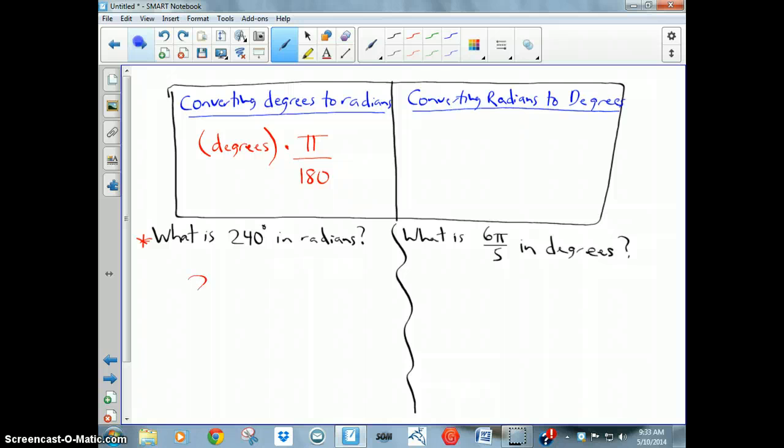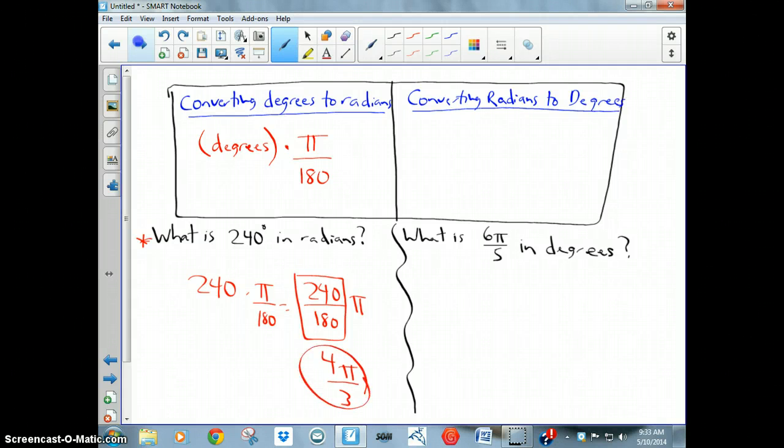If I wanted to convert that, I would go 240 times pi over 180, which is basically 240 over 180 times pi. All you got to do is reduce that fraction. And I believe 60 goes into both of that, so that would be 4 pi over 3. And that's how you change degrees to radians for any angle.